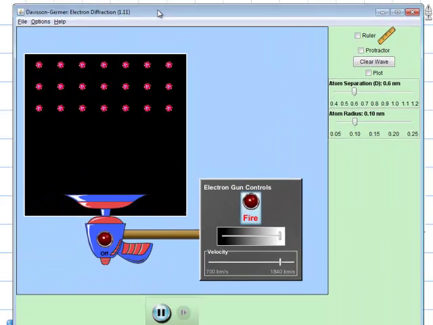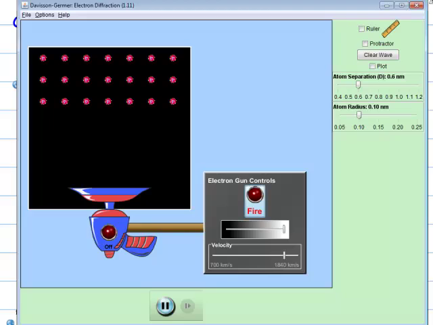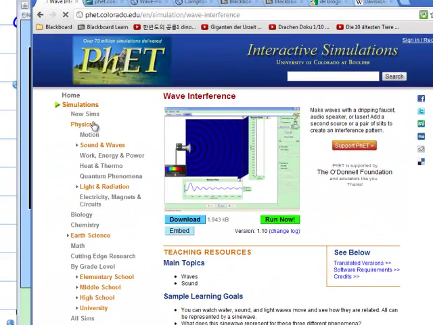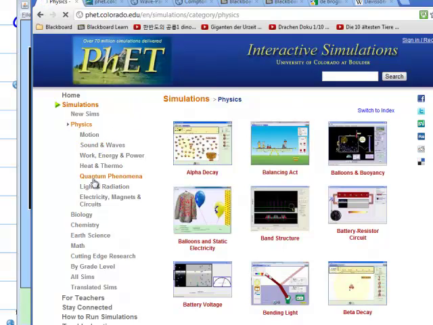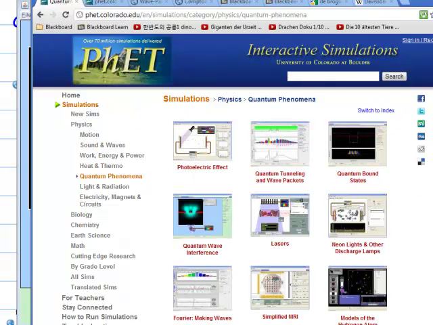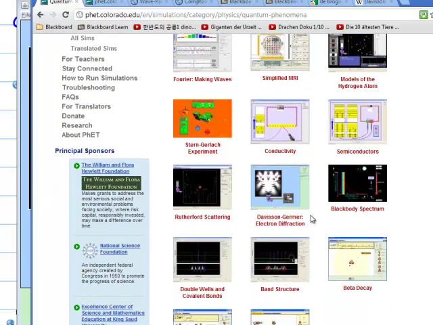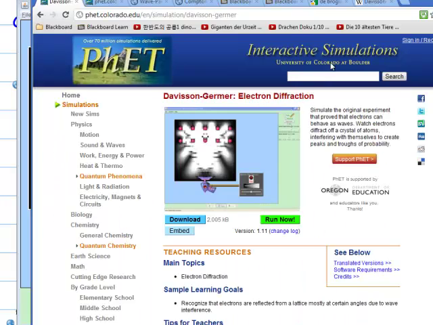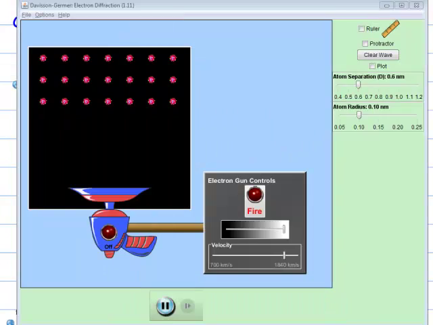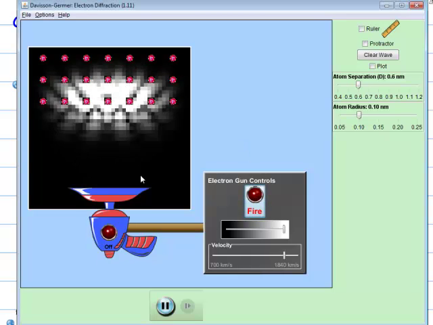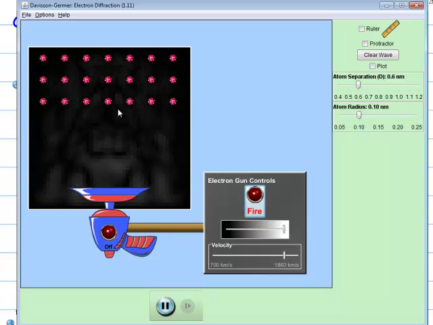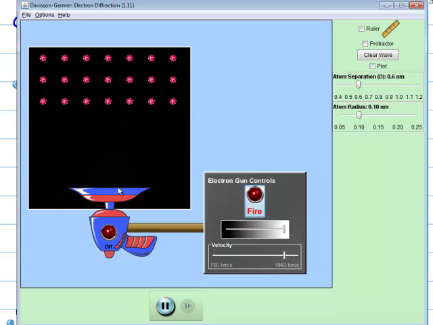PhET, Physics Education Technologies, has this one, and again this one here is easy to find. We just go to physics and then quantum phenomena, and then I believe you have to scroll a little bit, and there it is. There's the Davisson-Germer experiment. What this one does is fire the electron gun, and then you see this interference pattern.